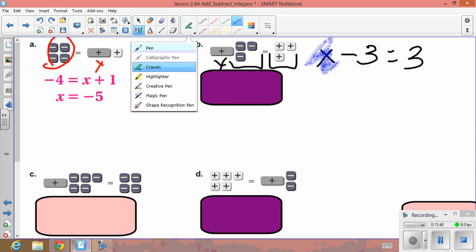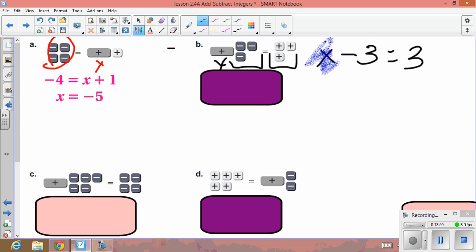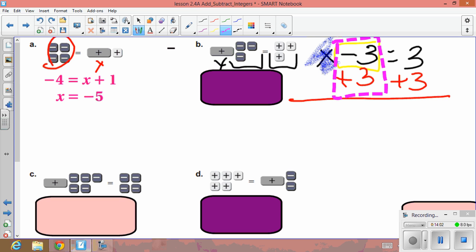In order to do that, we have to get rid of this minus 3, so we add 3 to both sides. These two pieces are opposites, so they equal 0, leaving me with x equals 6.